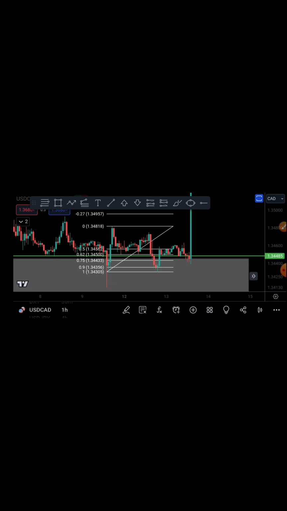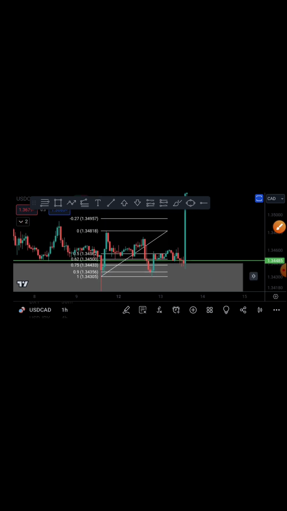So the market did not break the structure. There was no break of structure because we even have wicks here. The market came down to this region, and immediately what happened?